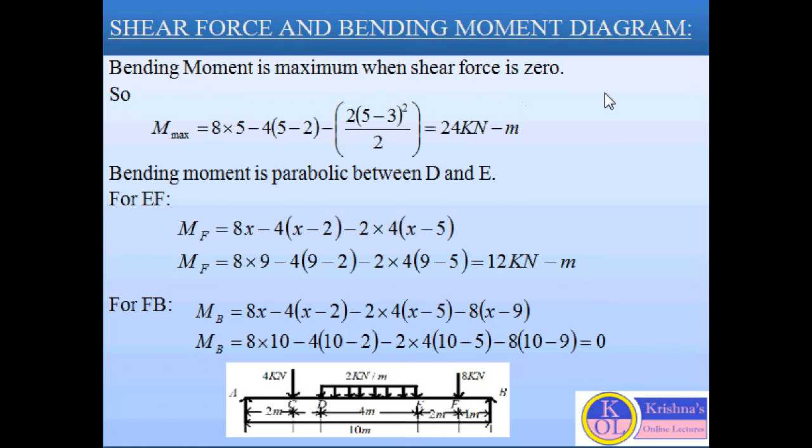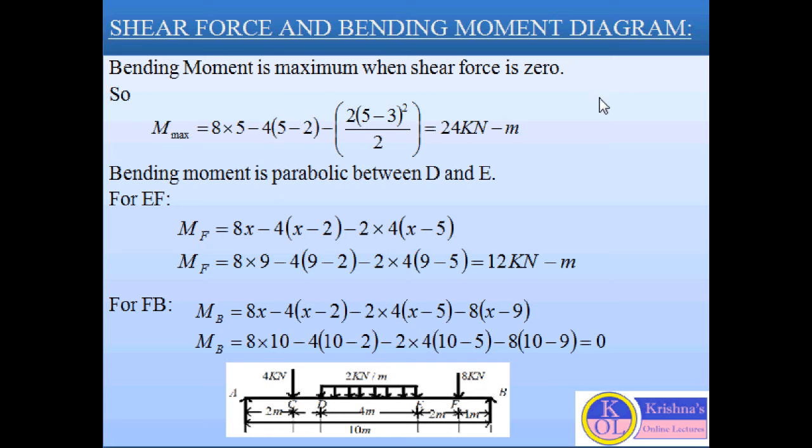In the shear force diagram, we already defined the position where the shear force is 0. The position is x equal to 5. At the point where the shear force is 0, the bending moment will be maximum. So we can say the bending moment is maximum when the shear force is 0, and the shear force is 0 at x equal to 5.